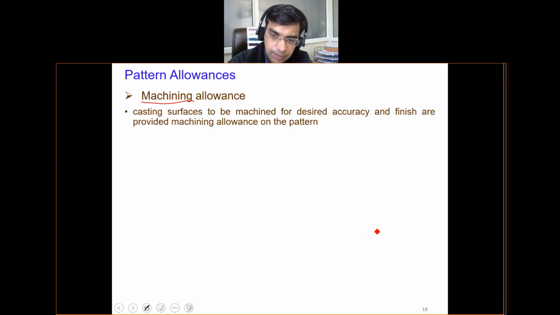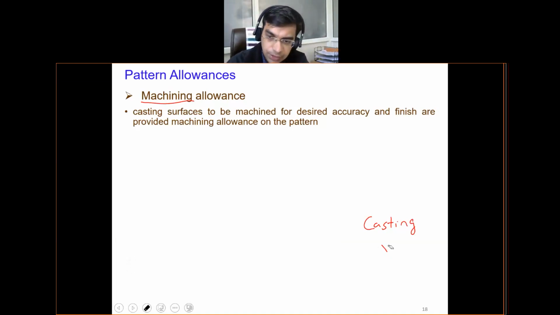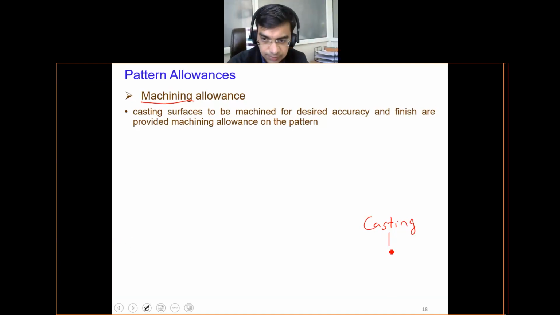Please remember that casting is a primary manufacturing process. So it is very rare that any product which is cast is directly used in service. Generally the product after casting is subjected to surface finishing, or excess material is removed to create the perfect dimensions.